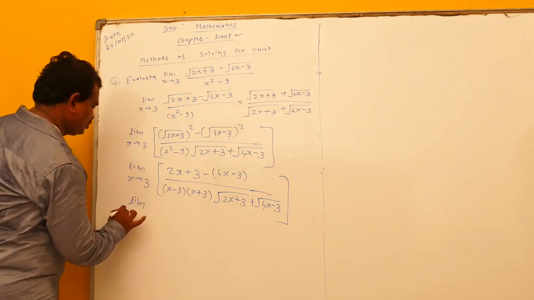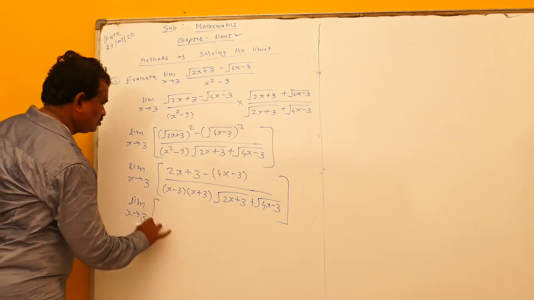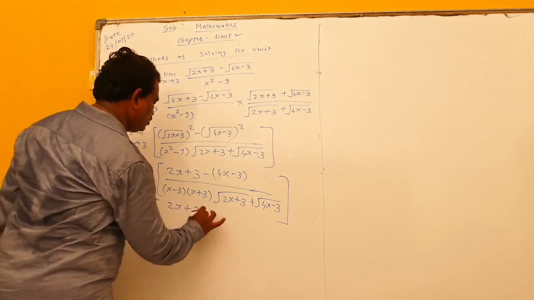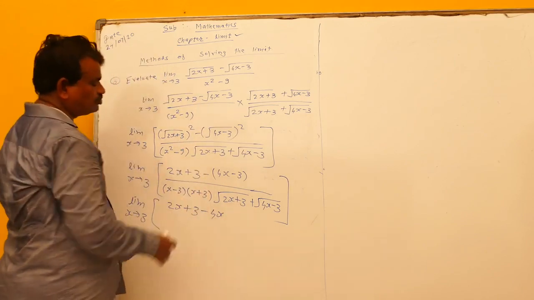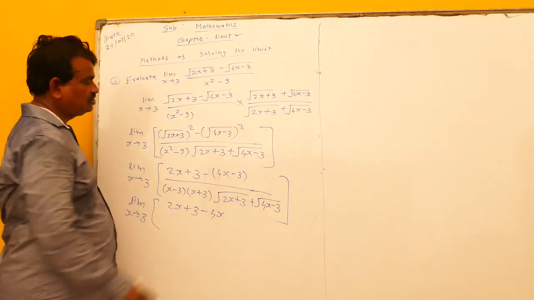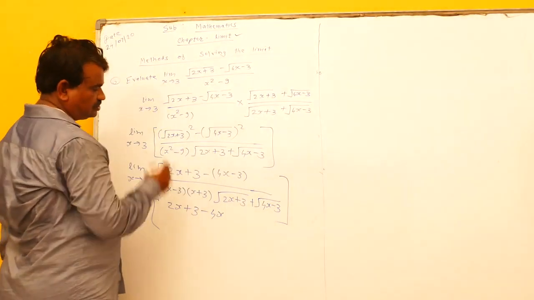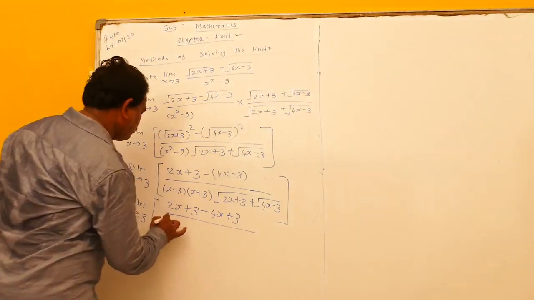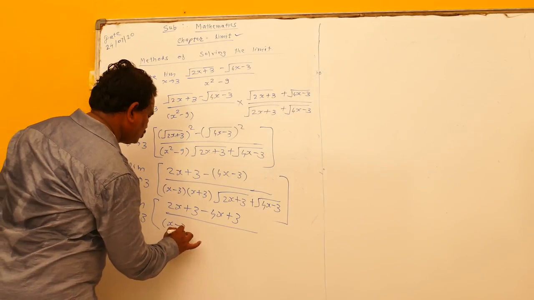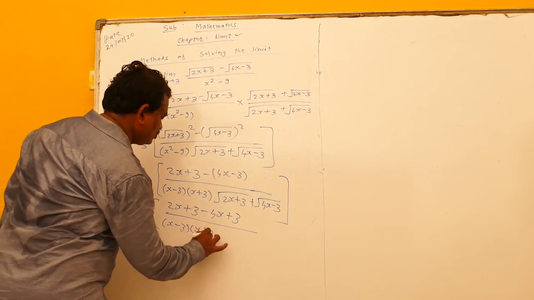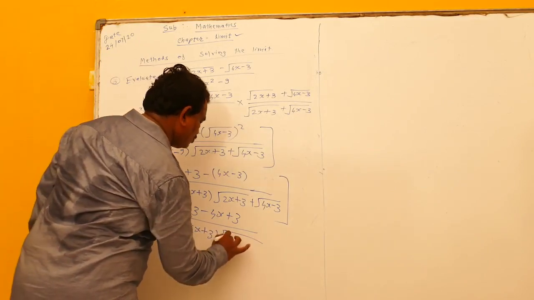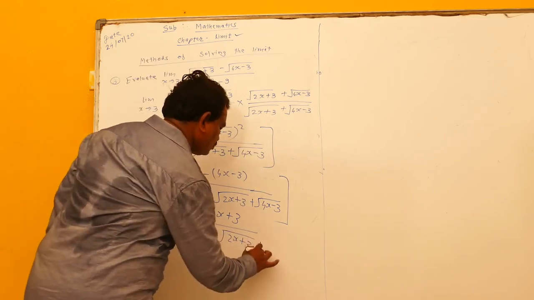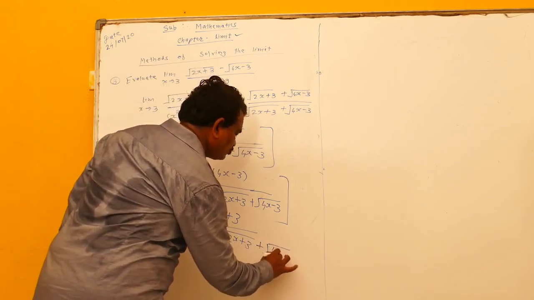Limit of x tends to 3, 2x plus 3, minus sign before the bracket, therefore the minus sign is multiplied into the bracket, minus 4x plus 3, divided by x minus 3, x plus 3, into under root 2x plus 3 plus under root 4x minus 3.